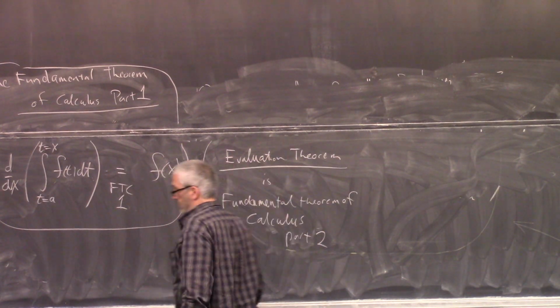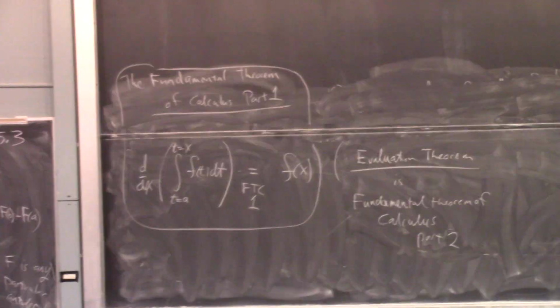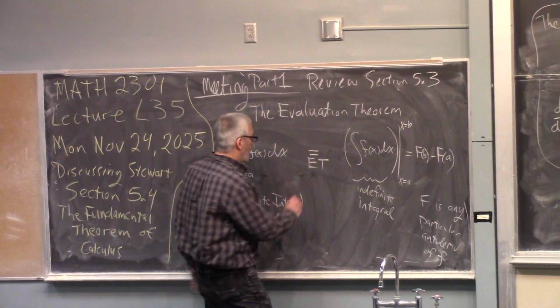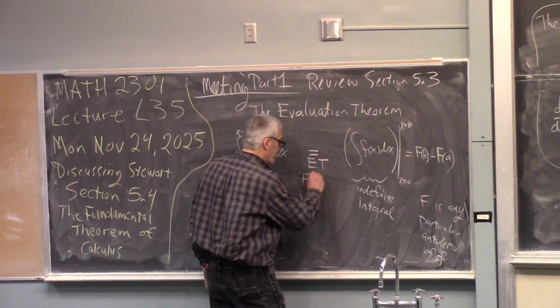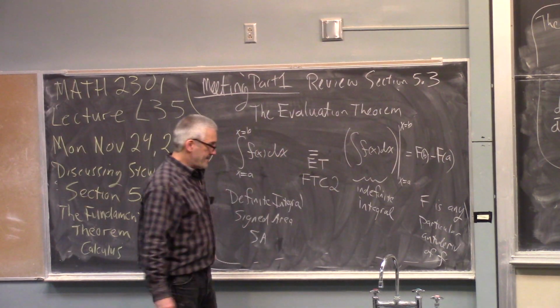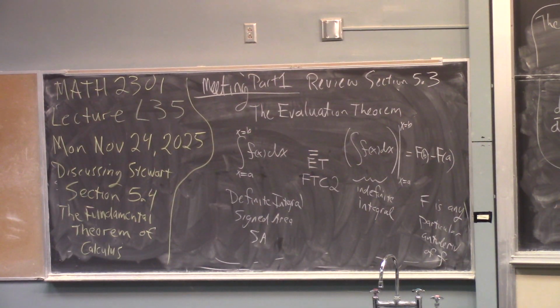So we go over here, the fact that this definite integral equals this calculation with an indefinite integral. This is the evaluation theorem, or it's also now known as fundamental theorem of calculus 2. So you can rest assured that it's not going to get any worse. All right.